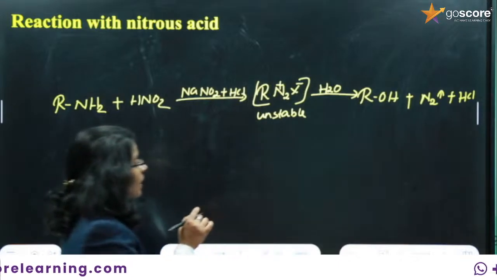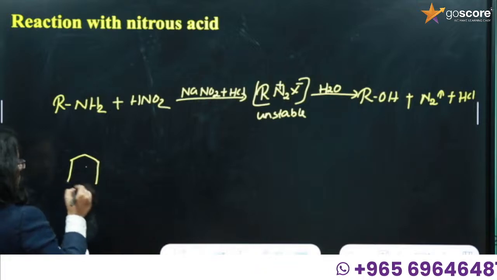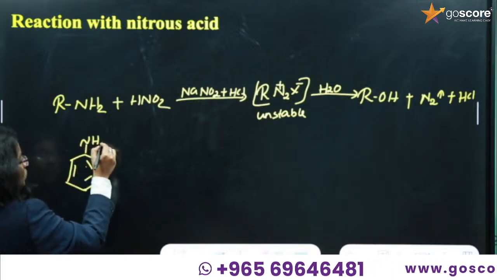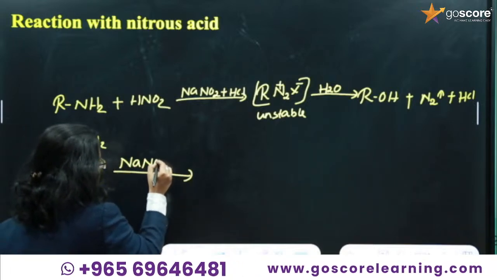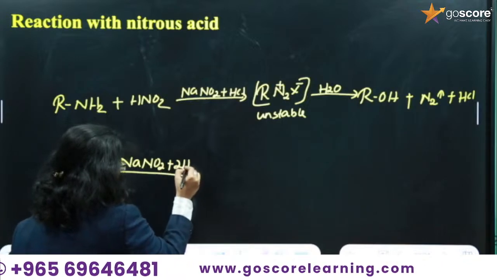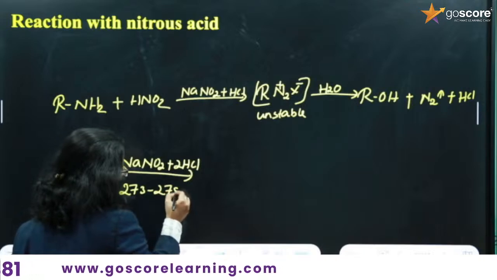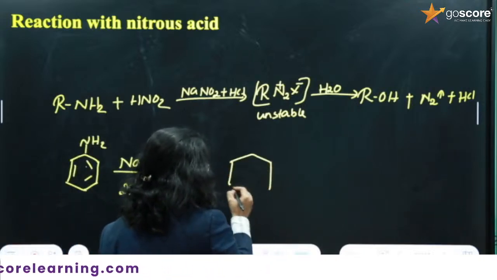If you are taking aromatic primary amine, that is aniline, aniline on reacting with nitrous acid, NaNO2 plus HCl at 273 to 278 Kelvin, you will get diazonium salt.